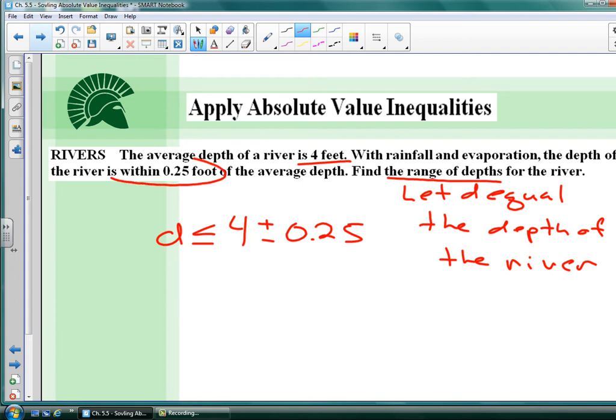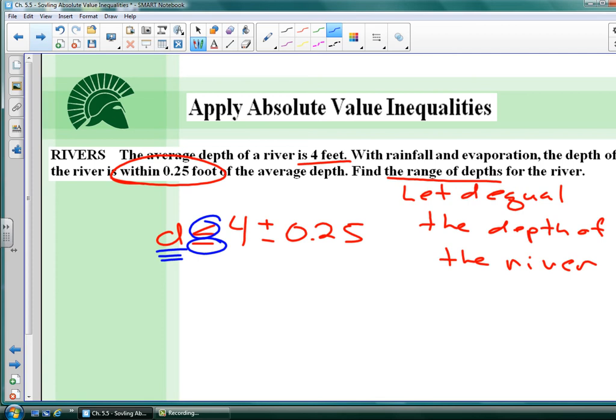This word is very important. The depth that we're talking about has to be within, which means it has to be equal to or less than. The or equal to part means it's inclusive, and the less than part means the depth of the river has to be less than the maximum, but greater than the minimum. It's within those two boundaries. It's not outside those two boundaries.